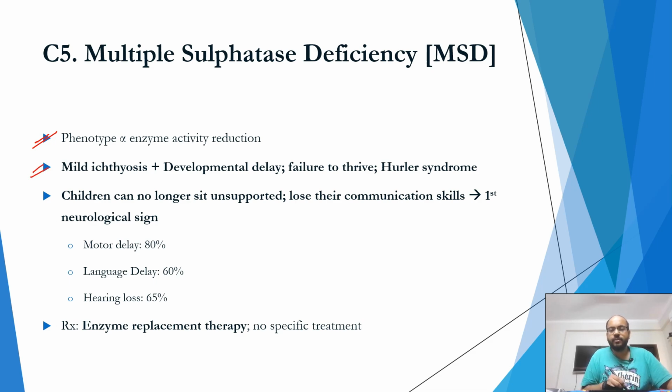There's mild ichthyosis with developmental delay, failure to thrive, and Hurler syndrome-like features. Now, the first neurological sign to be seen in multiple sulfatase deficiency is that the child can no longer sit unsupported and they start to lose their communication skills. This is the first neurological sign. Motor delay is seen in about 80%, language delay 60%, hearing loss 65%.